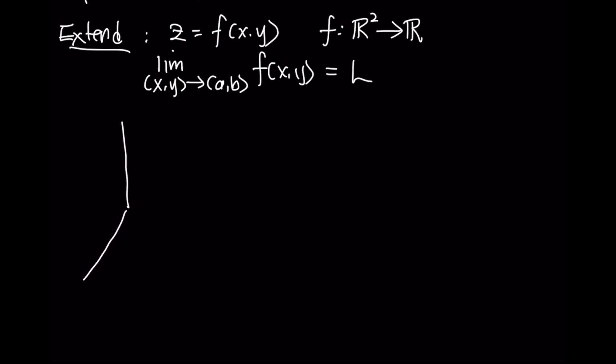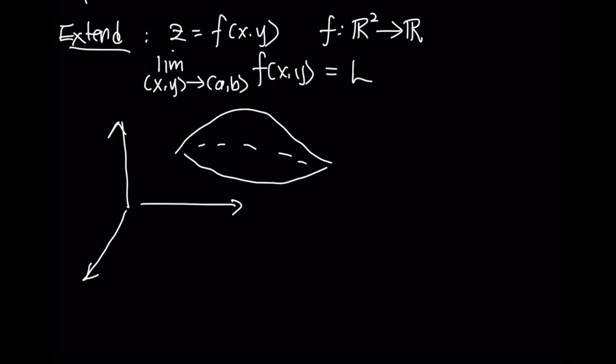When we have a function of two variables, it represents some sort of surface in R3. This function is defined on some set D, called its domain.